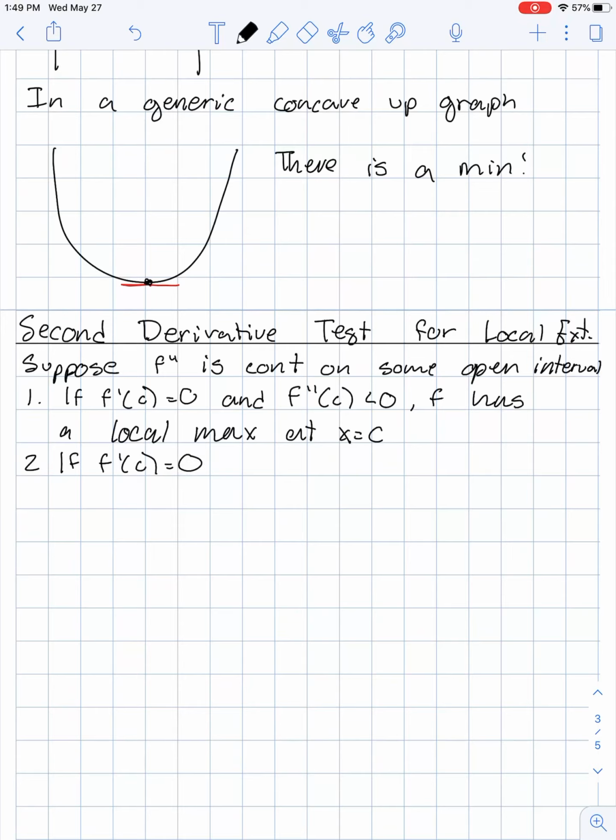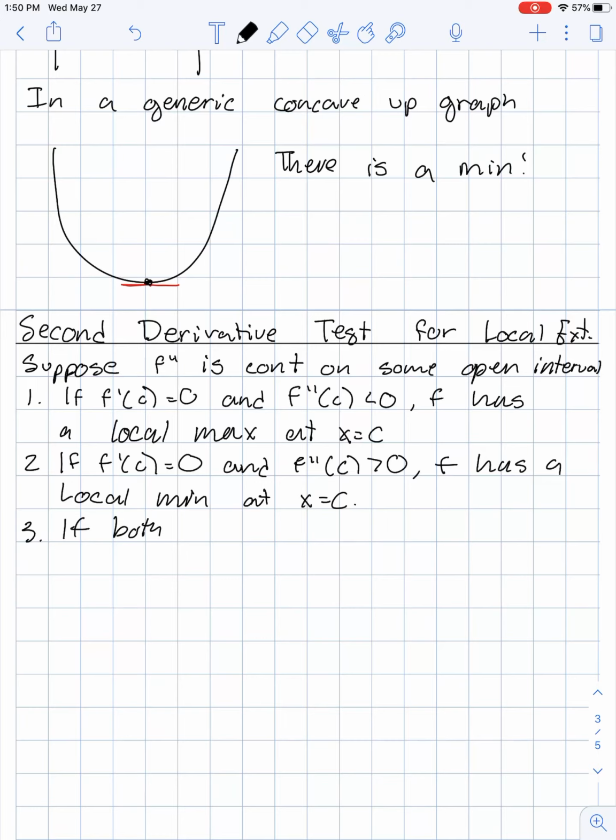If the first derivative is 0 at a point and the second derivative is positive, f is concave up, thus f has a local min at x equals c.